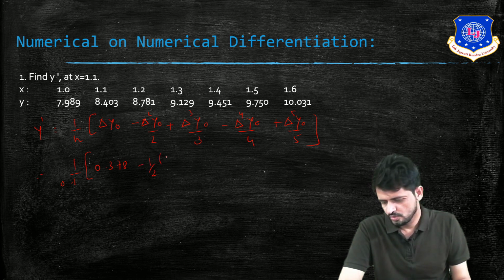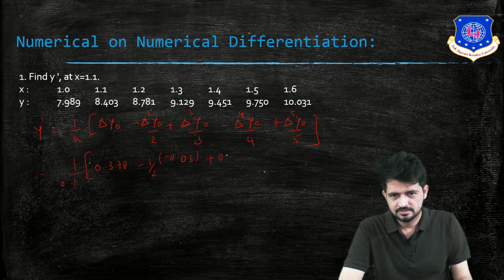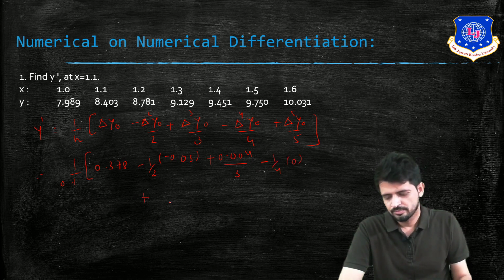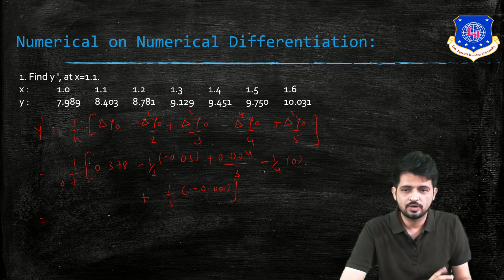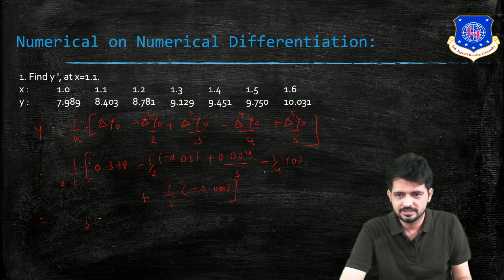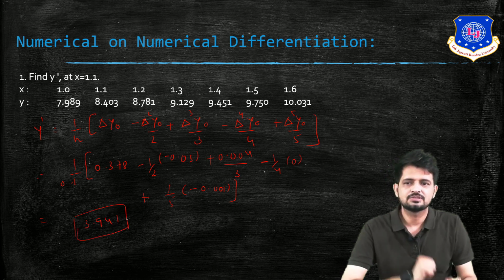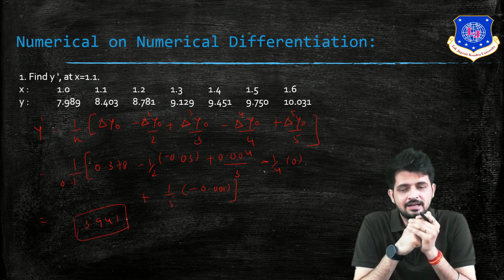Minus 1 by 2 into minus 0.03, okay, plus 0.004 upon 3 minus 1 upon 4 into 0 plus 1 by 5 into minus 0.001. See, by solving this you can get the answer, and my answer will be 3.941 up to 3 decimal places. Okay, so in this way you can find the answer in the numerical.